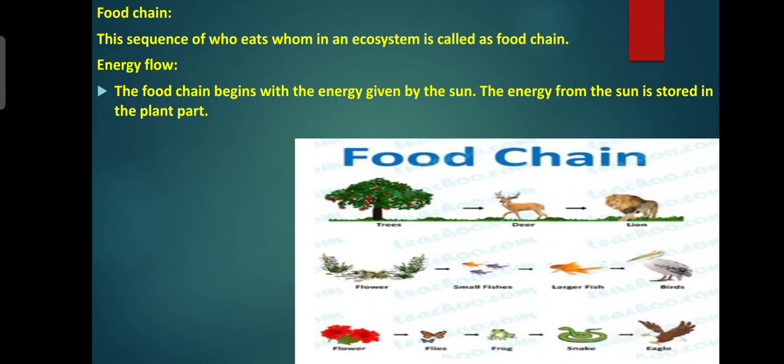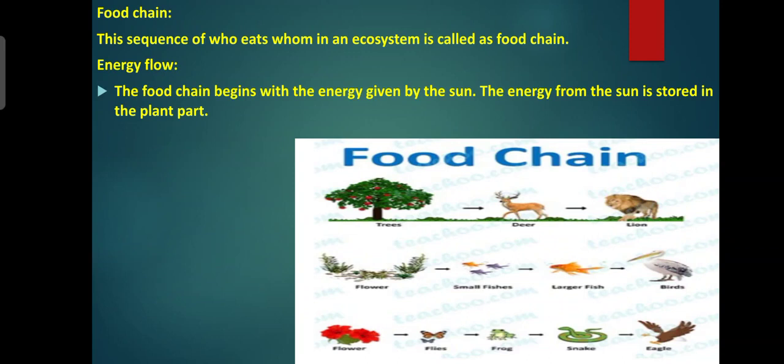Today we are going to discuss food chain and energy flow. In a forest, deer eat grasses and in turn, we know, tiger eat deer. In any ecosystem there is a chain like relationship between the organisms that live there.